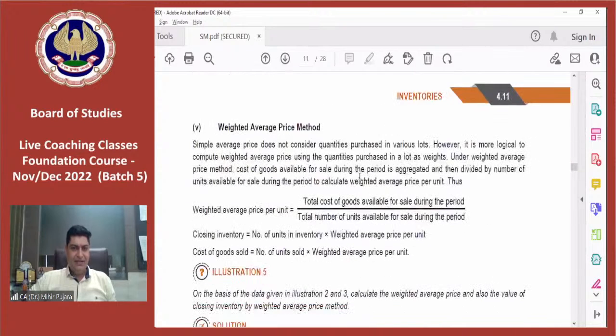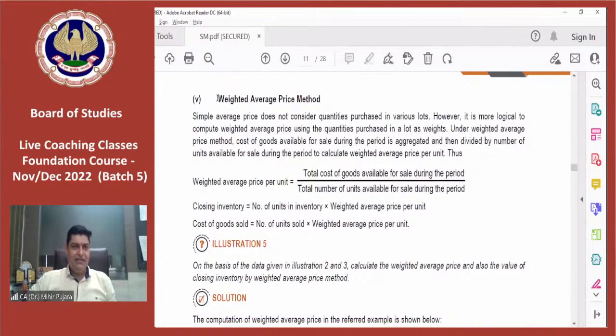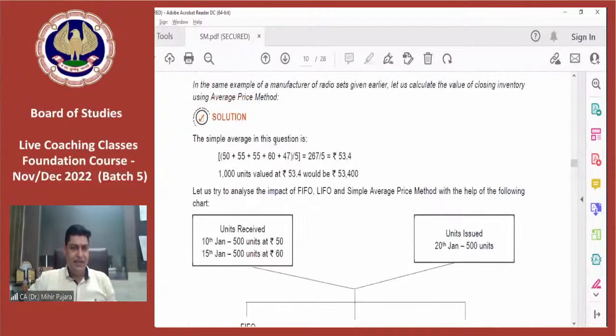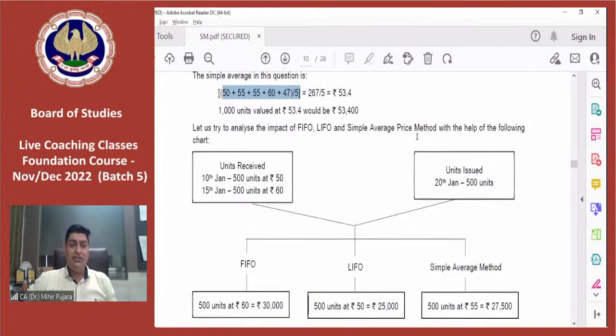Now a more interesting method is the fourth one, the weighted average price method. Now, guys, what is the limitation of the simple average method? In the simple average method, we made the average of only prices. We have not considered the units.